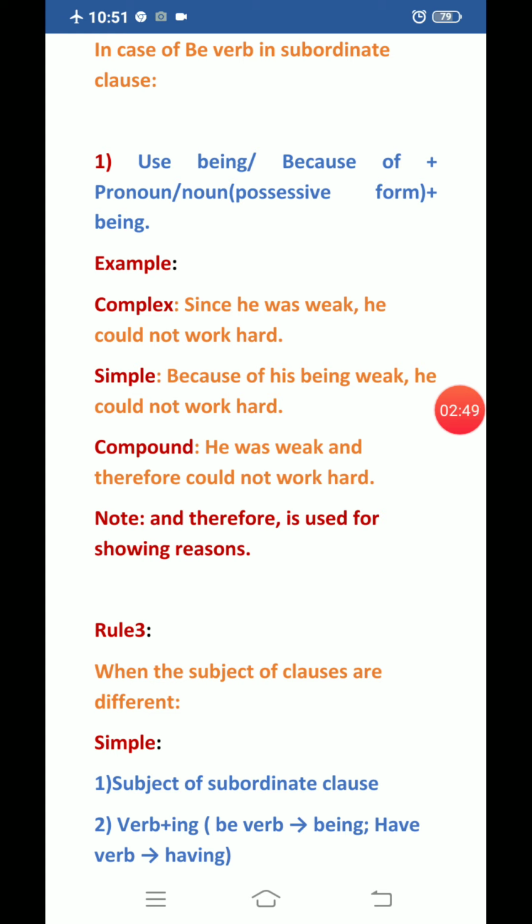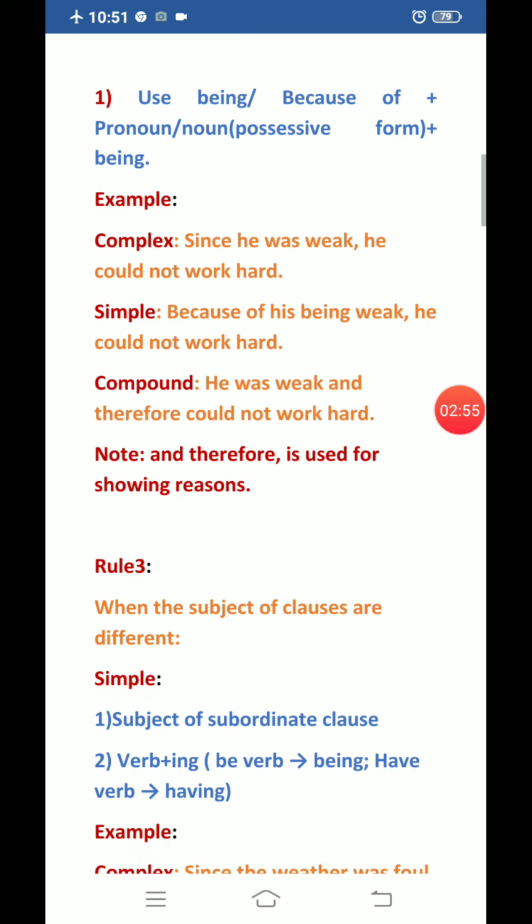Simple sentence: because of his being weak, he could not work hard. Compound sentence: he was weak and therefore could not work hard. Note that and therefore is used for showing reason.